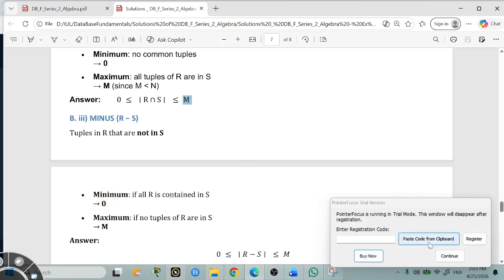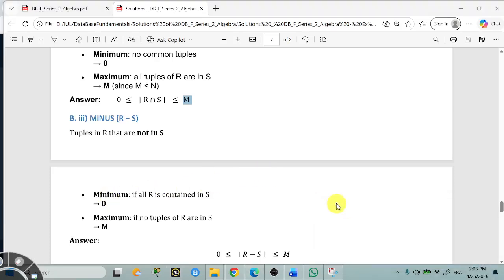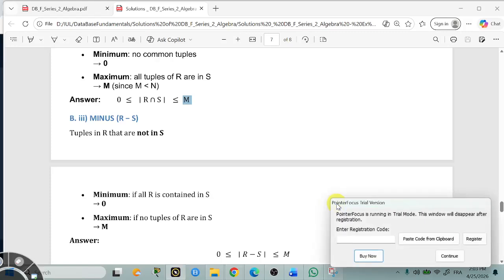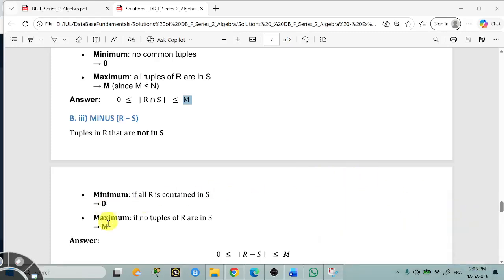What about the maximum? The maximum is when none of the rows of R are in S, so all rows of R are not in S, which is M. So the maximum is M. Why M?